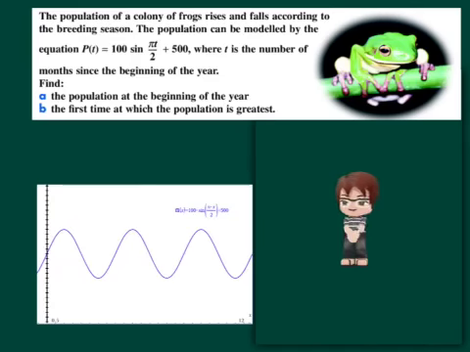It's a sine function, so we can see that it starts at 0, reaches a maximum value, passes through the 0 point again, and reaches a minimum value. The place that we are looking for is the first time at which the population is greatest. In order to consider this, we're really looking at this particular point on the curve.